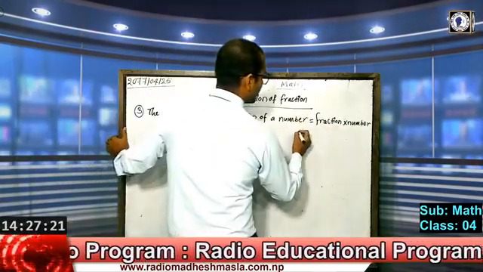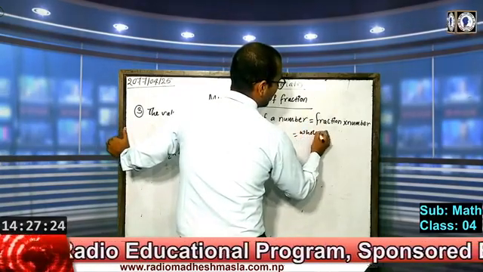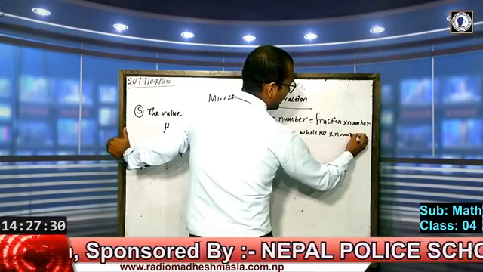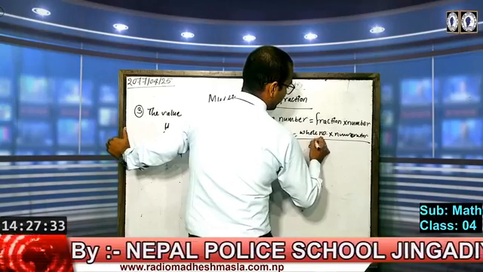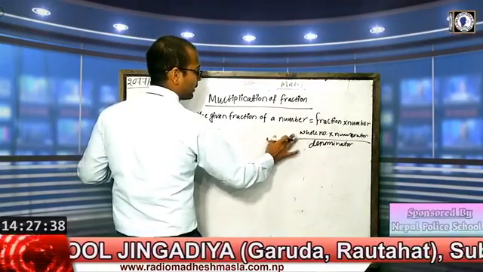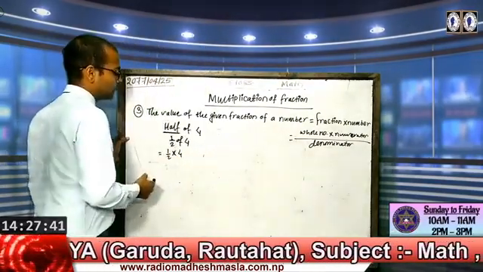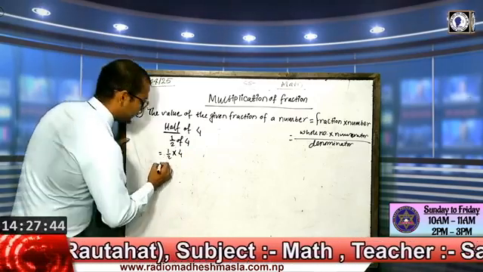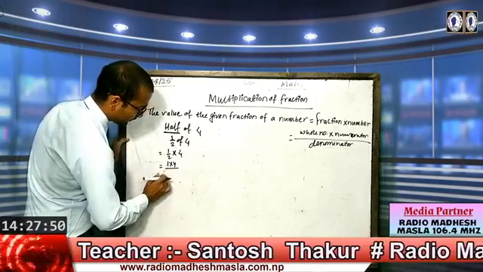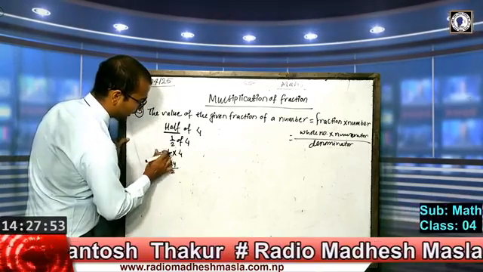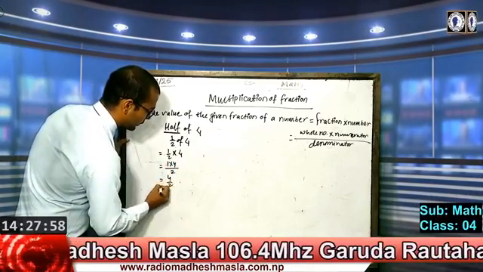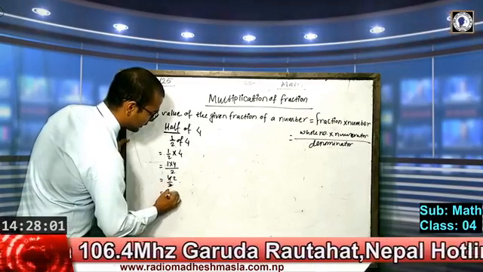Or you can also use whole number into numerator by denominator. Students, don't be confused, you can use any one of them. So 1/2 into 4 is 1 into 4 by 2, where the whole number is 4 and 1 is the numerator. 1 into 4 by 2 is 4 by 2, which is 2. The answer is 2.